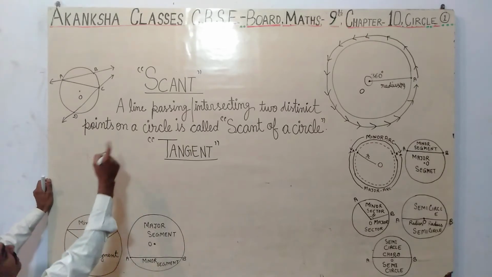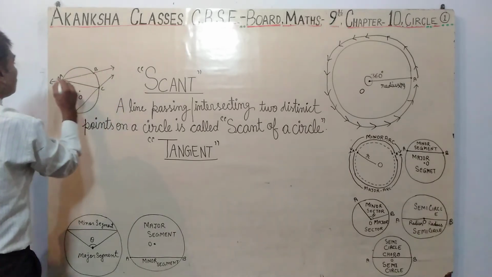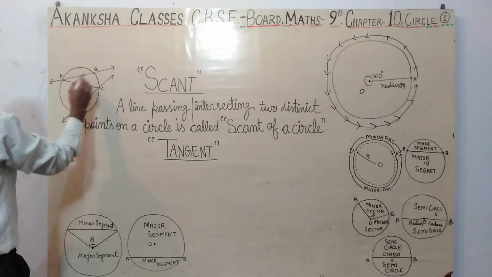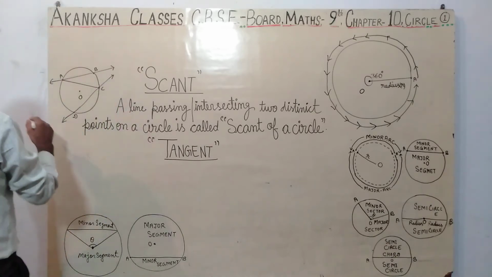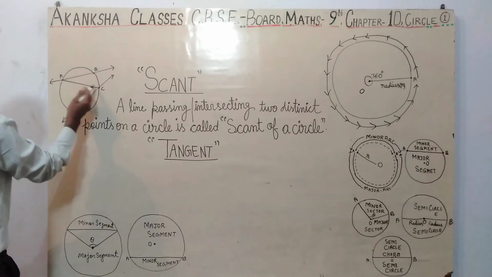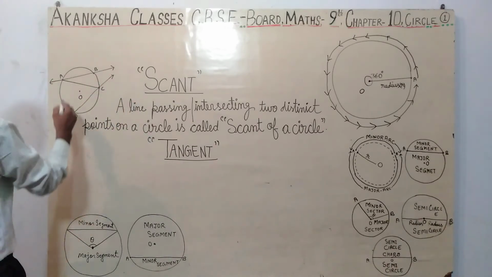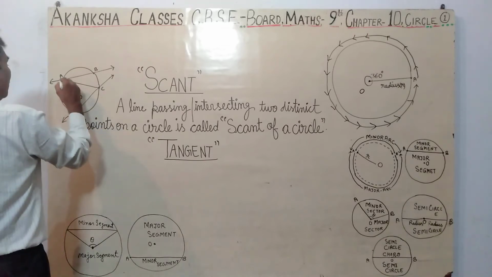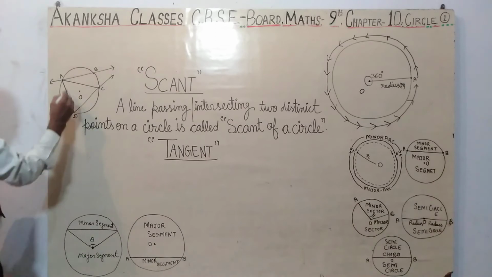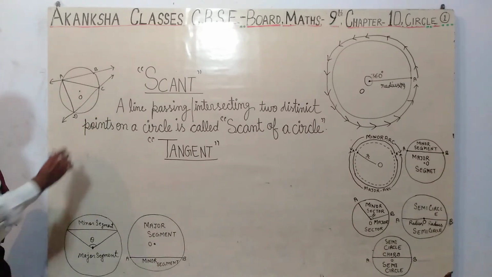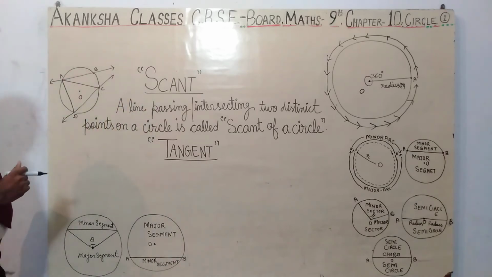Now, secant. A line passing through two distinct points on a circle is called a secant. Here, AB is a secant, while AC is a chord. DC is a secant, but AD is a chord. Here AD and AC are chords, but AB and DC are secants.